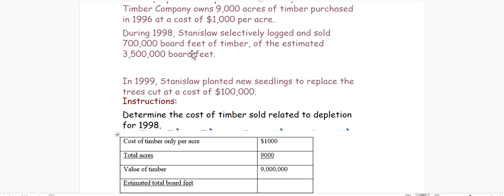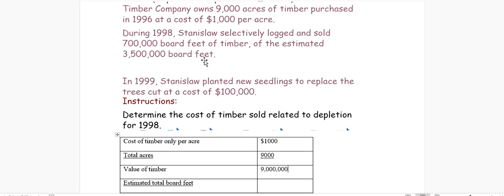That's the measurement of it. 700,000 board feet of timber was logged and sold, out of an estimated 3.5 million board feet, which is the total quantity of timber available in that natural resource.